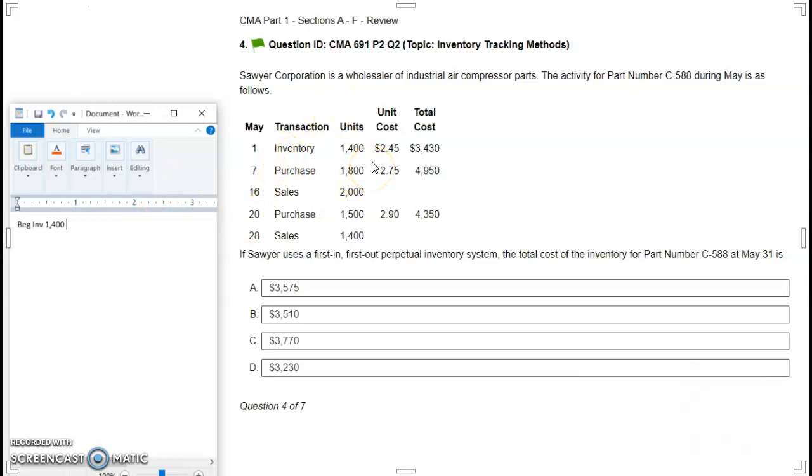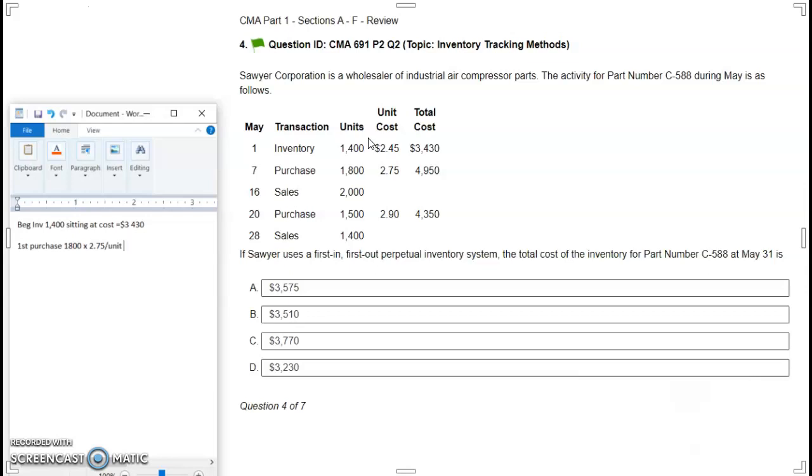So first in, first out inventory cost: the beginning inventory sits at a cost of $3,430. First purchase, 1800 units times 2.75.